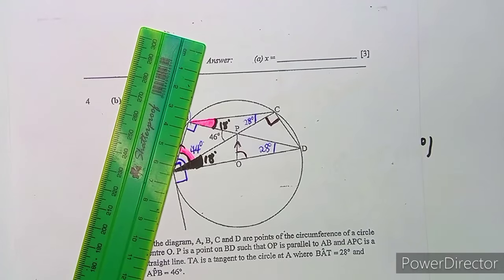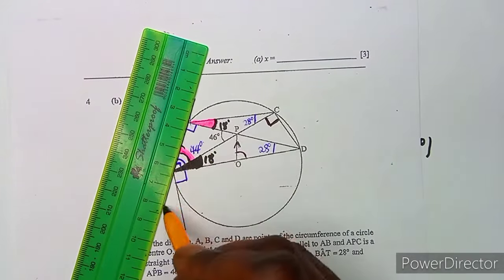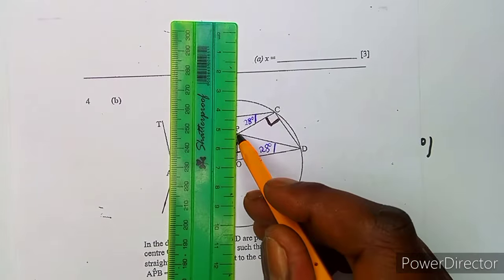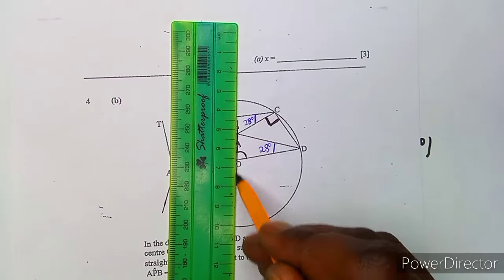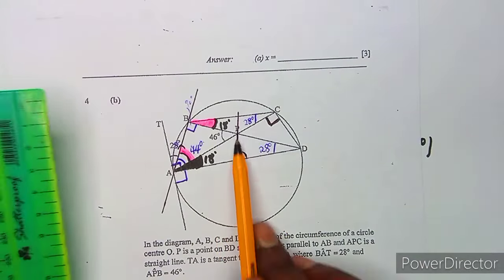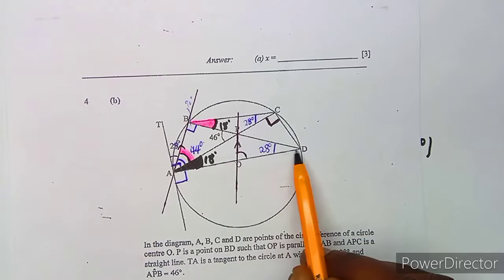If you extend this parallel line here like this, you extend this line. According to their deck, they just say it's parallel, but according to their sketches, they are not even parallel. But let us know that they are parallel. So we want to calculate this angle here, which is POD.